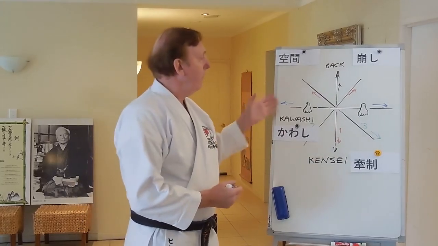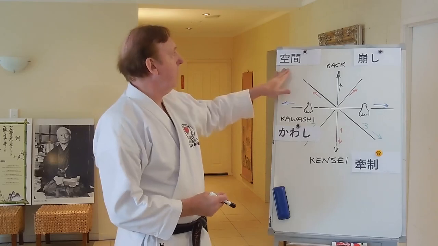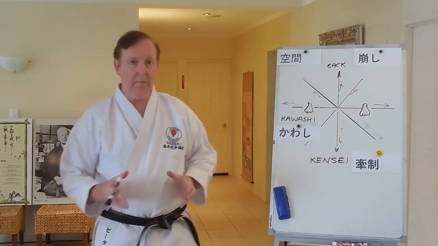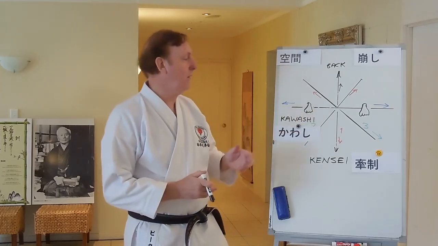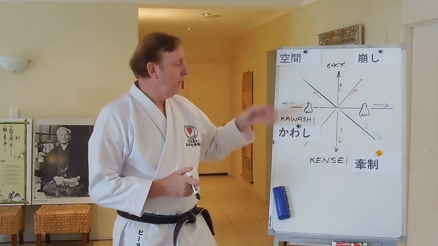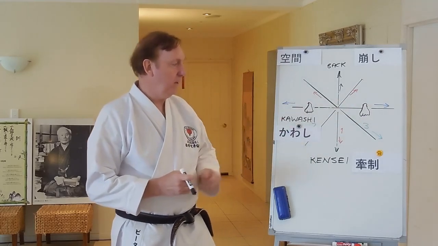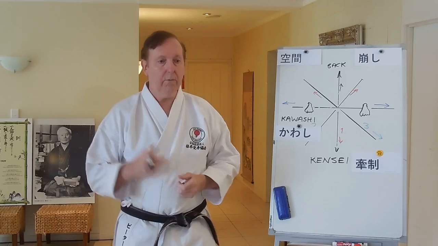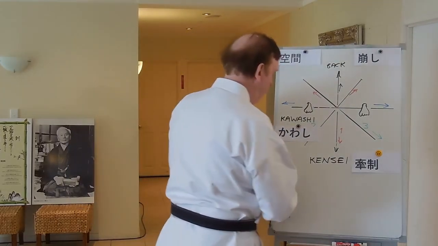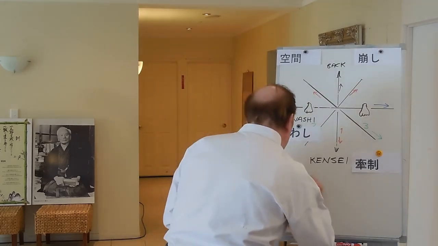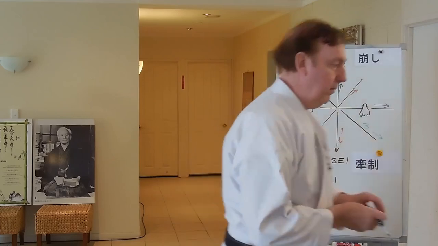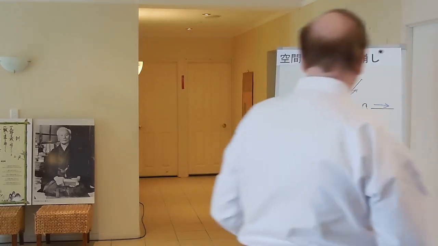So we have now the whole subject is kukan. Yesterday I was talking about how to make the space, how to break the space is all about the kuzushi, and the different ways in which you can break space. Now, we also have one last concept here, and this one is called saki. And I also have a kanji here for that one.